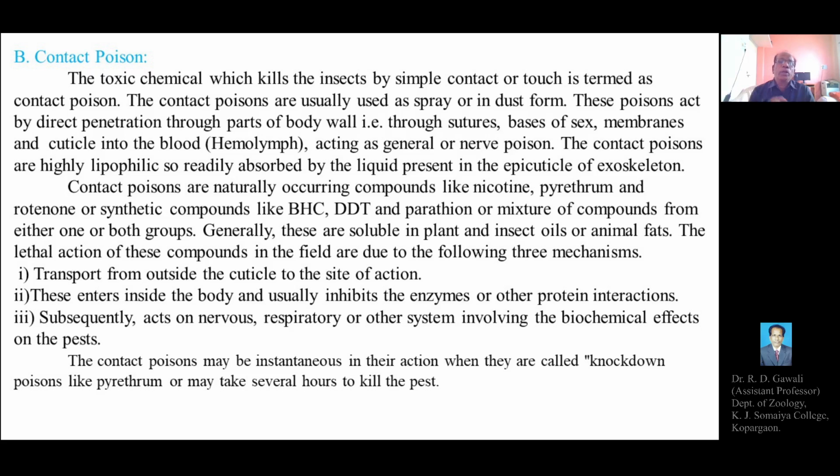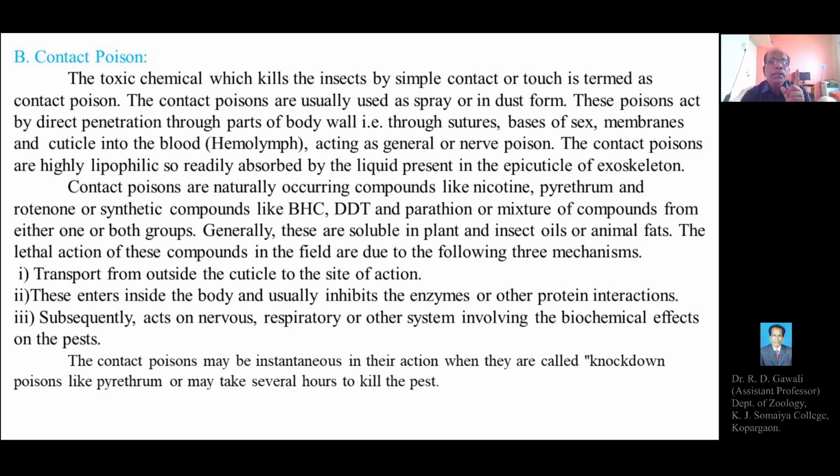The lethal action of these compounds in the field is due to the following three mechanisms: transport from outside the cuticle to the site of action, and the toxic effect or mode of action in the body of the insect pest.